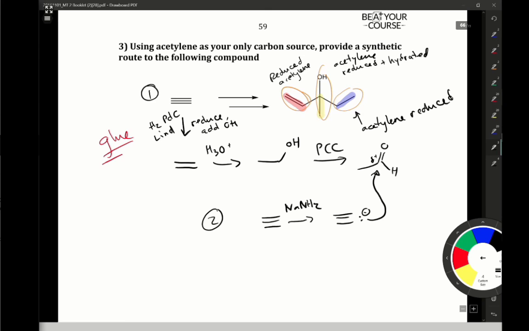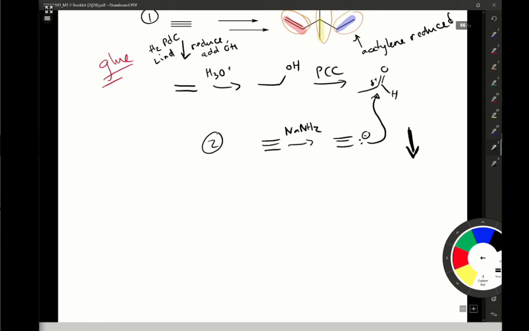And then now we can actually piece these together. I'm going to write workup, so that's going to be how we get that extra proton on there, and that's perfectly acceptable. Saying that you throw some acid in there, that's going to protonate things.